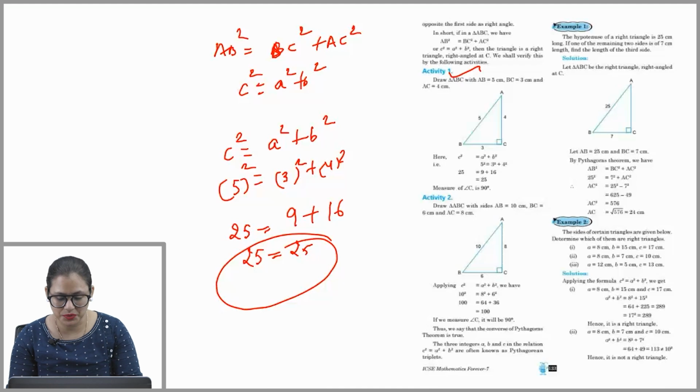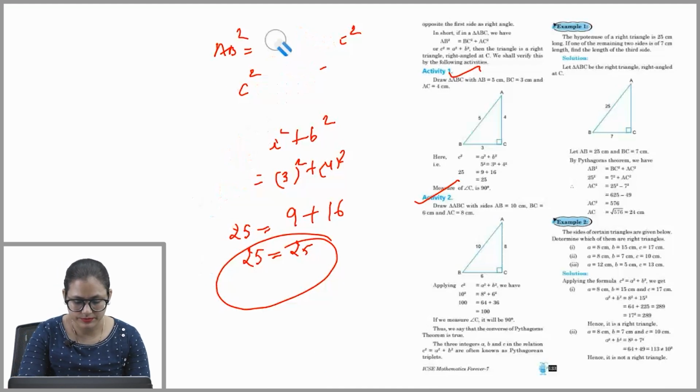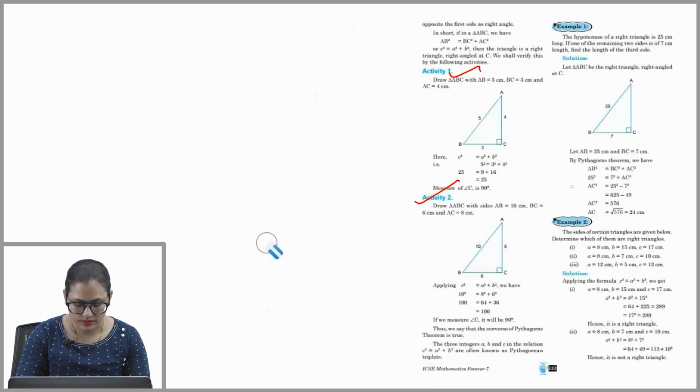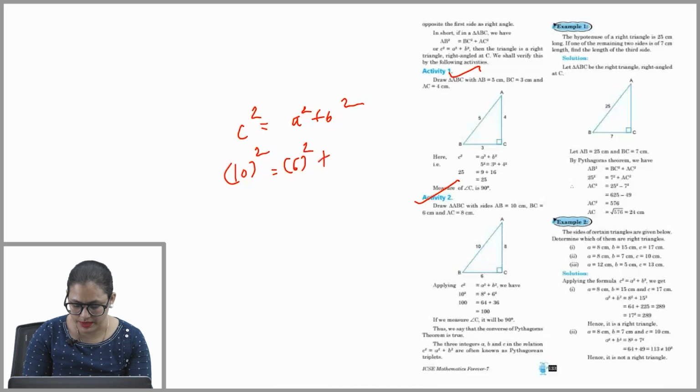90 degrees. Activity 2. Draw triangle ABC with sides AB is equal to 10 centimeters, BC is equal to 6 centimeters, and AC is equal to 8 centimeters. Then c square is equal to a square plus b square. c is 10 square, a is 6 square plus b is 8 square. 100 is equal to 6 square, which is 36, plus 8 square, which is 64.